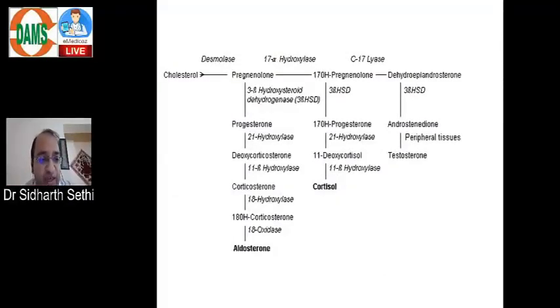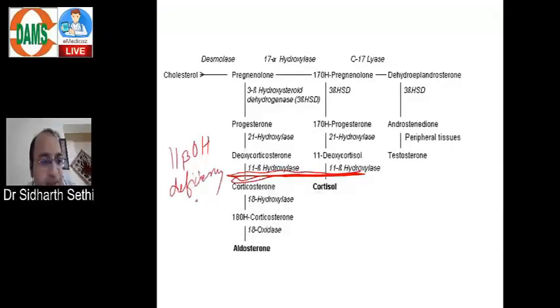So remember all of you, now let us look at some rare types of CAH. Now let's look at a rare variety of congenital adrenal hyperplasia, which is called 11-beta hydroxylase deficiency. Now what will happen? Again, you will say, sir, aldosterone is not formed, cortisol is not formed, testosterone is high. So you may have a child here with precocious puberty or virilization in females.